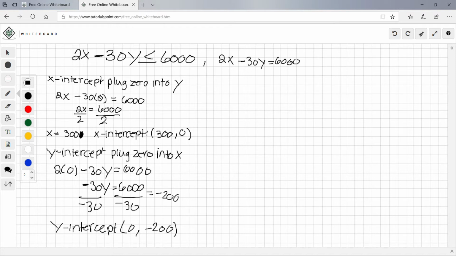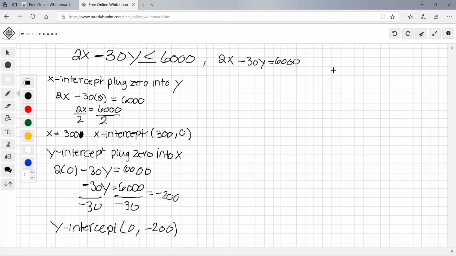So I know the x-intercept and the y-intercept, so I can graph it. Let me graph this. Also, let's look at the original inequality. It has a less than or equal sign, right?